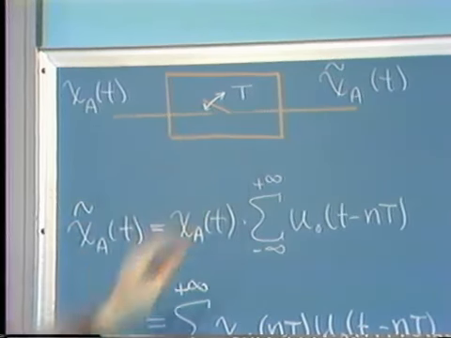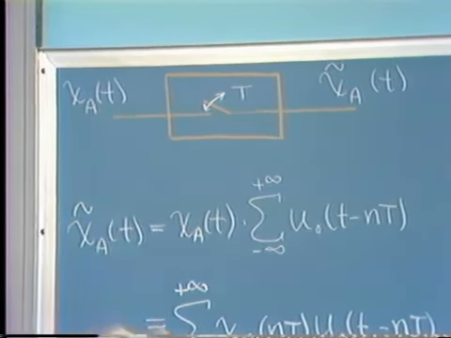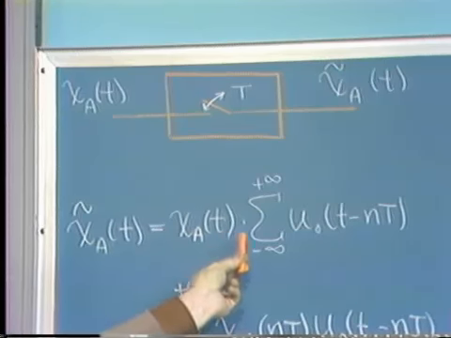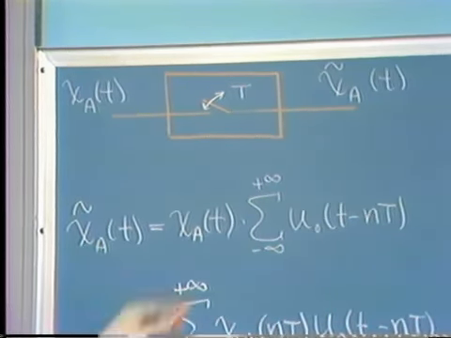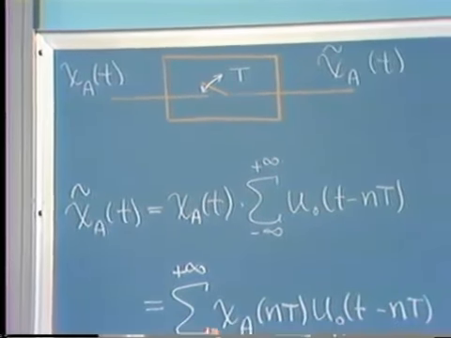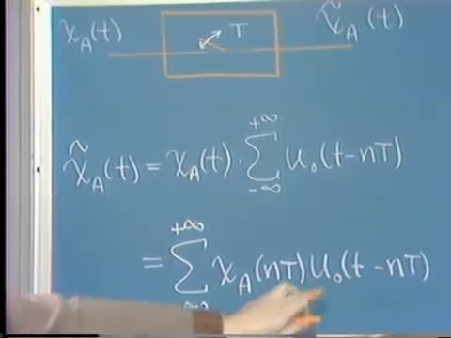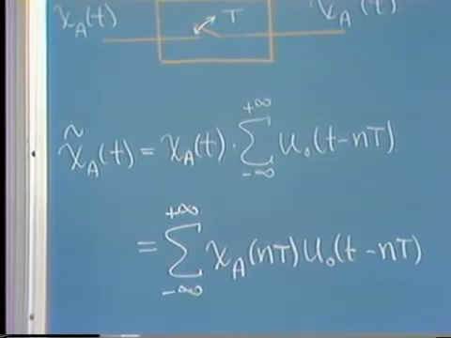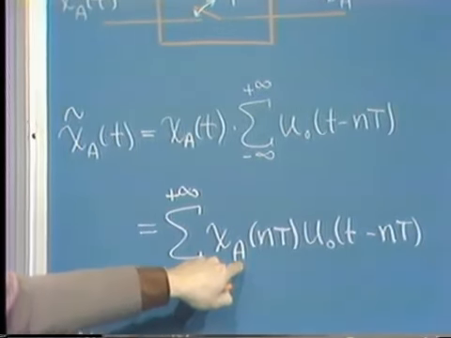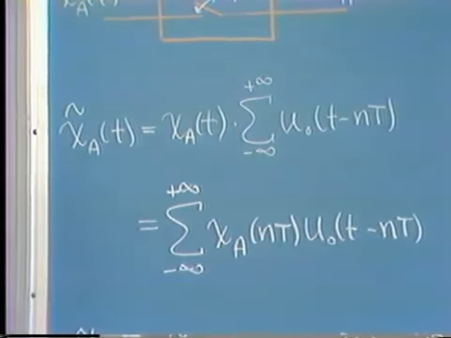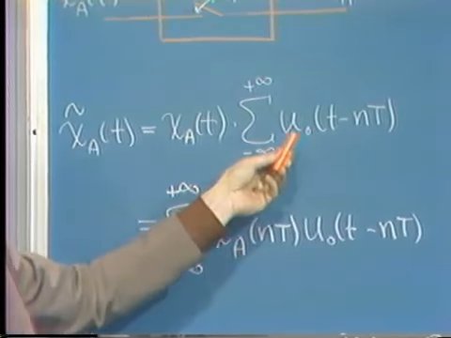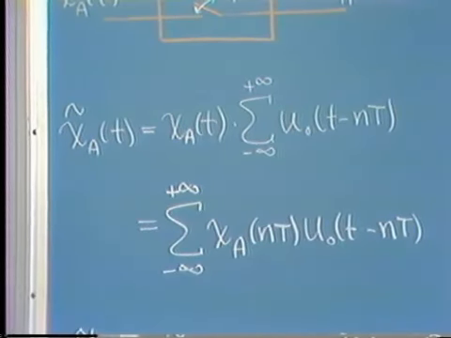And the output of the sampler is the input to the sampler multiplied by an impulse train. Or equivalently, it's an impulse train with the areas of the impulses given by the values of x sub a of t at the times that the impulses occur. This u0, by the way, is what I'm using as the notation to designate a unit continuous time impulse.